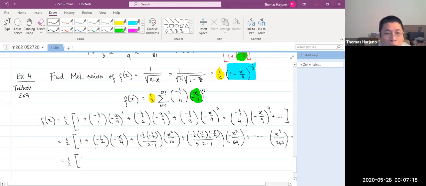This is 1, and then this will be plus 1/8 x plus 3 over, what is this, 8 times 16, 2 to the 7, 128, x squared, and then this will be still plus, what is that? 2 to the 4th times 64.